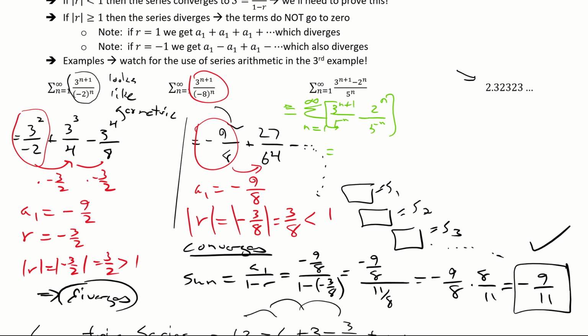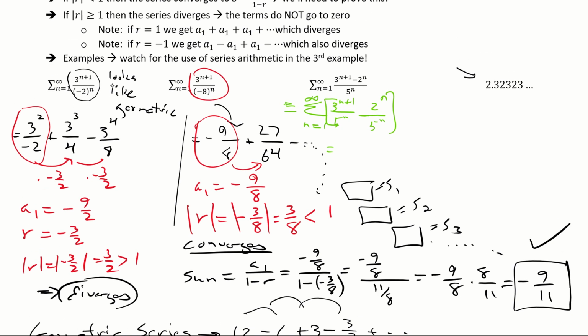Because you're adding terms together, you can split this apart and jumble all the first terms together into one series. And over here it'd be 3 to the n plus 1 over 5 to the n, but then minus another series. Can you do that? Can you do it with integrals? You can do it here too.